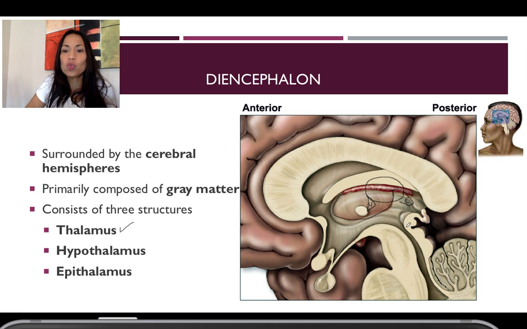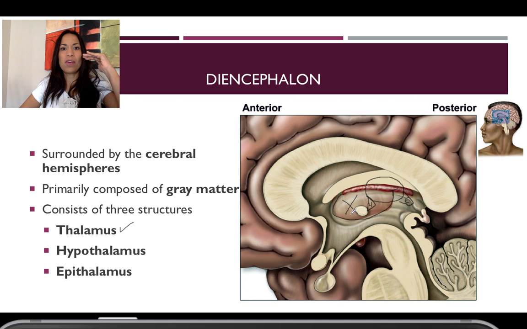So all the sensory information has to pass there, except for smell. The smells go straight to the brain with no filter. Disgusting. Well, sometimes. But the rest of the sensory information has to stop right here in the thalamus.